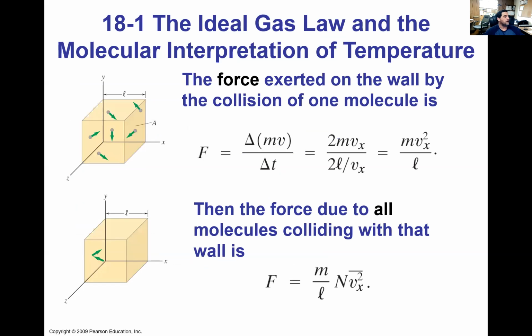Okay, so the force exerted on the wall by the collision of one molecule is given by the equation shown below. Then the force due to all of these collisions is you're taking the number of those molecules and multiplying it by what you did above.